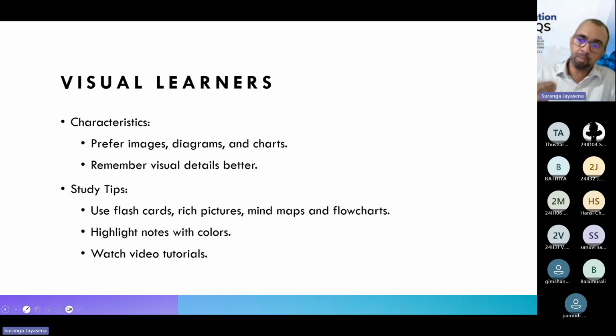Do you remember the diagram best, or the description, or the definition best? What is the level of your visual learning ability? Can you recall them easily? When a relationship is shown, can you understand? Because usually in a diagram we see that kind of relationship, right? So were you able to understand?